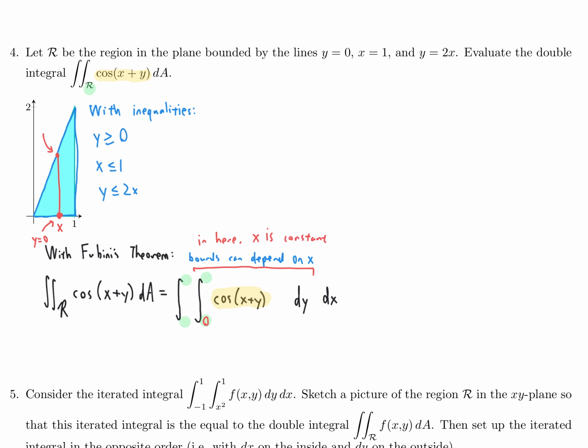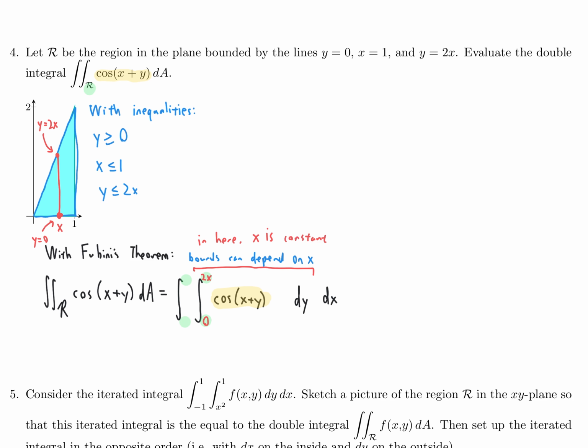But we can figure out what that upper limit is as a function of x. This line segment on top is given by the equation y equals 2x, and so that upper limit will be y equals 2x. The largest that y can be is what it is along that line, y equals 2x.